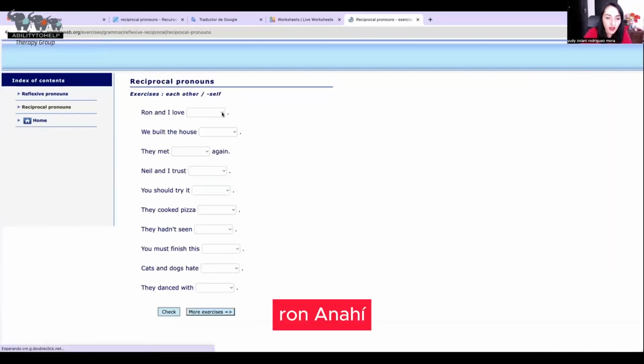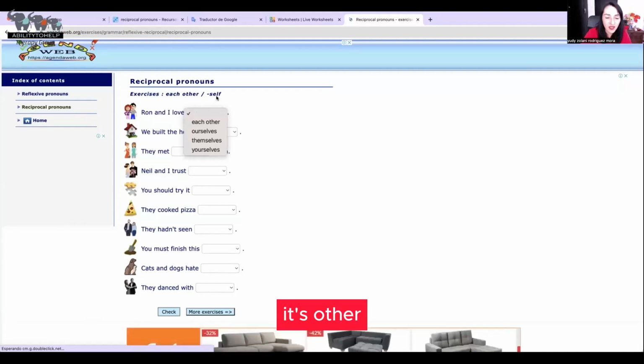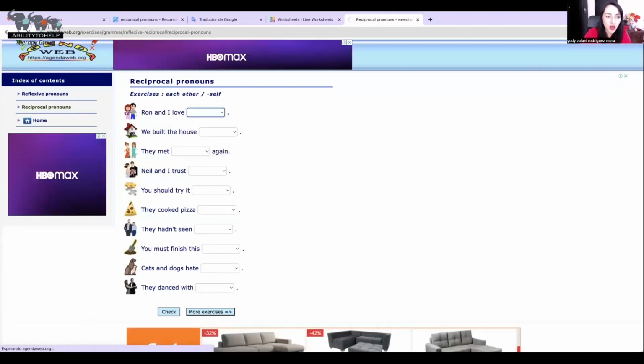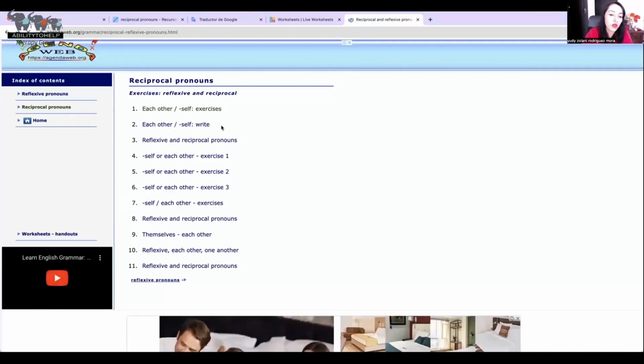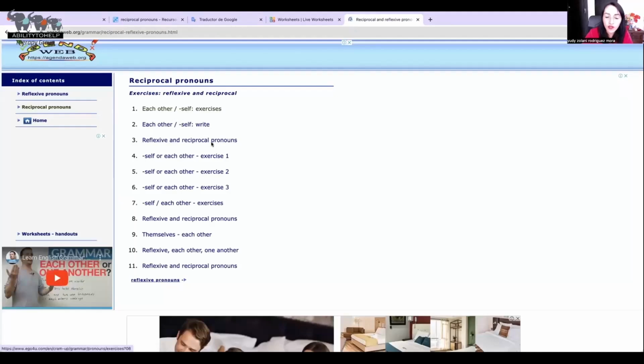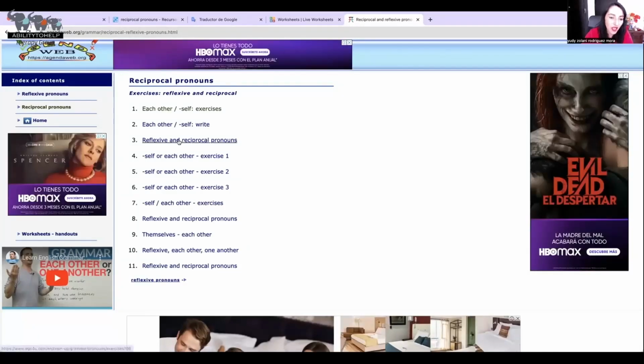Ron and I, each other, this is a reciprocal pronoun. Each exercise, each other or self. So here I am talking about another kind of pronoun, so that's why it's not good. Self or each other. Self, reflexive. We just need reciprocal, but okay, it's okay.